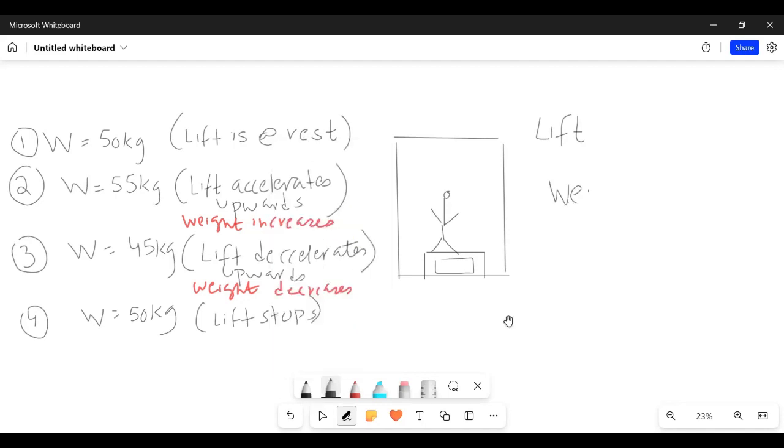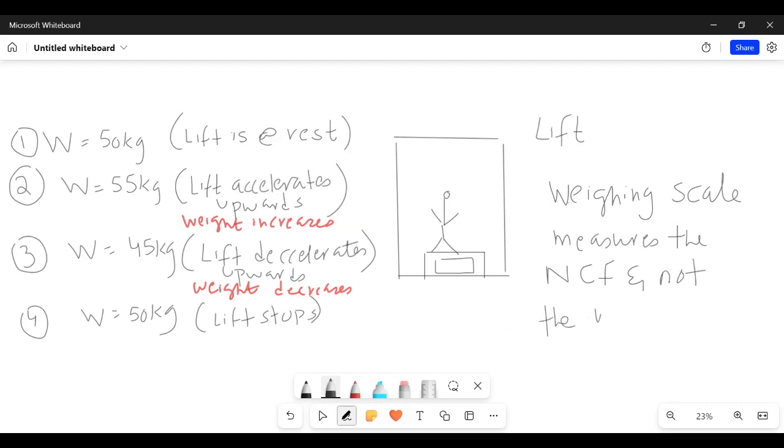Weigh scale measures the normal contact force and not the weight.